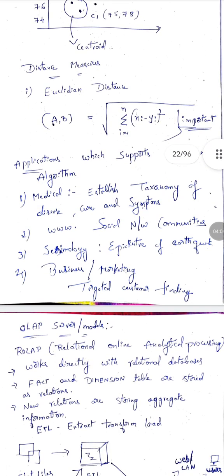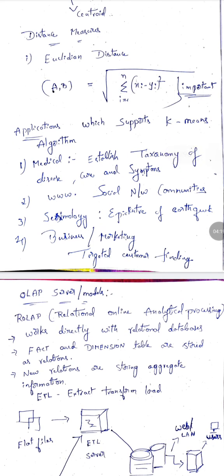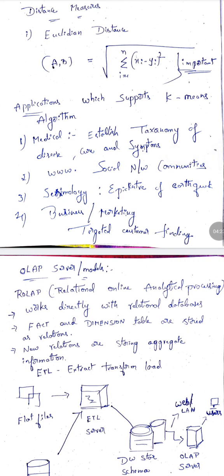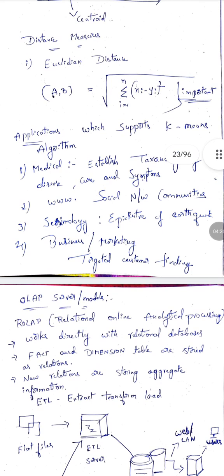The applications which support the K-means algorithm: we can use it for medical purposes, in disease, cure and symptoms, and in social networking communities. We can use it in seismology, which is the study of earthquakes. In earth sciences, it shows how earthquakes occur and how we can point out the regions where the earth is broken and where earthquakes have recently happened.